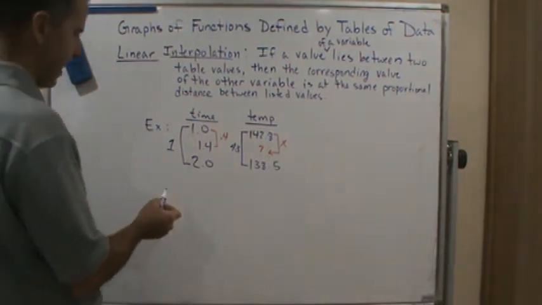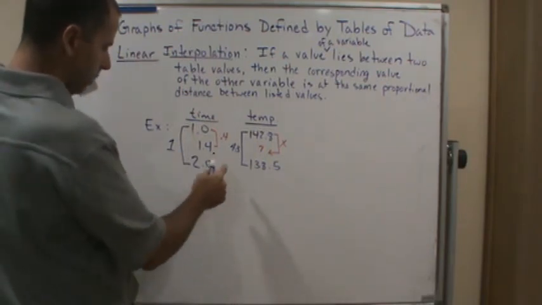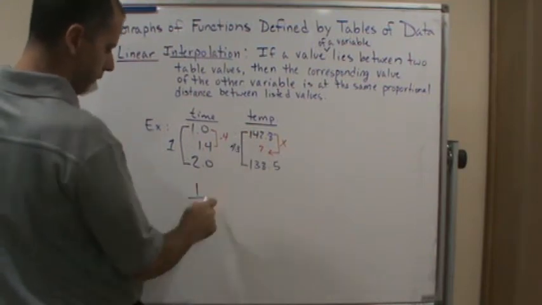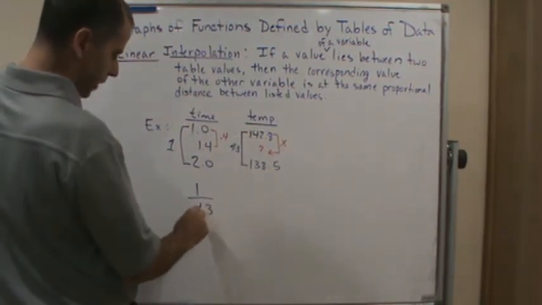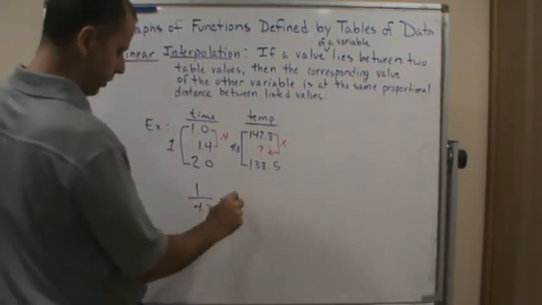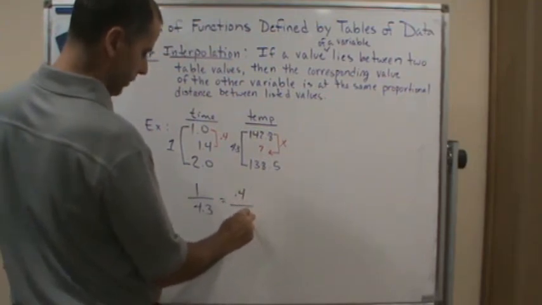So now let's set this up. That means 1 goes with 4.3, so this ratio is proportional to this ratio.